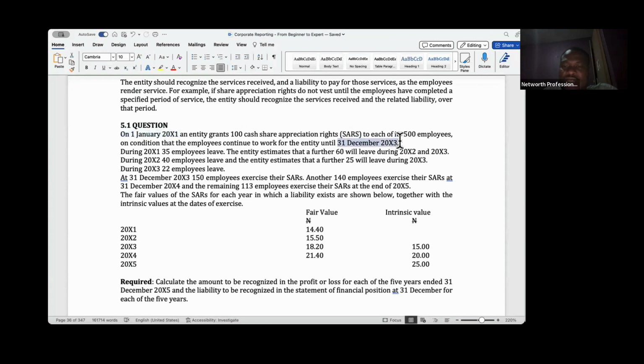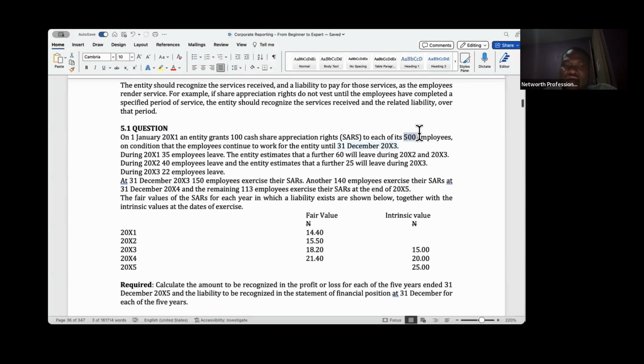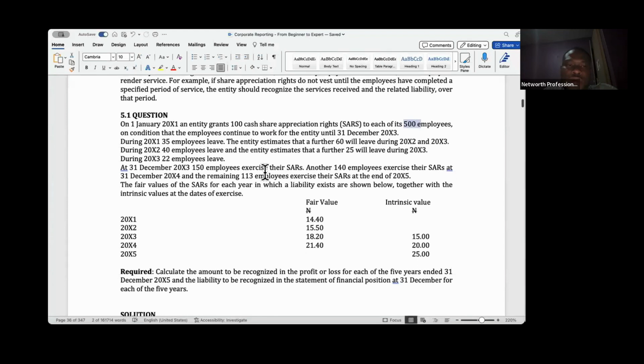The vesting date is December 2003, 500 employees. Now, in 2001, they said that 35 employees leave, and the entity estimates that a further 60 will leave during 2002 and 2003.